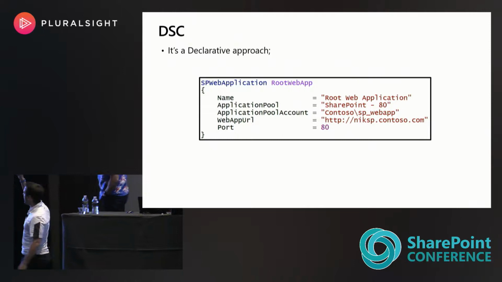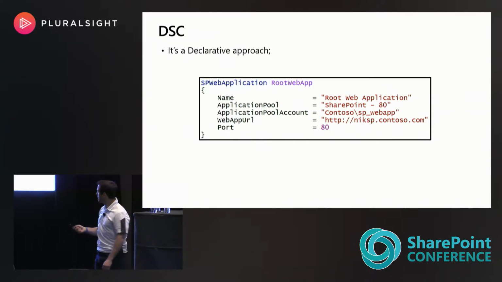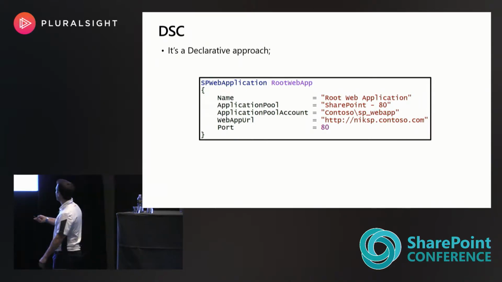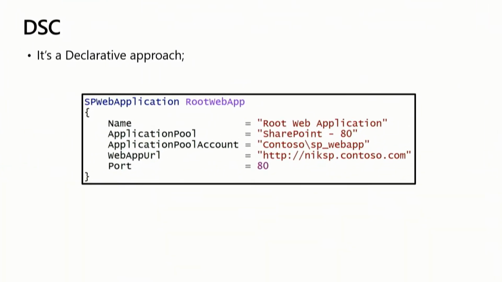This here is a piece of desired state configuration code. Right? So it is somewhat human readable. What we have here is a code block that says, I want to define a new web application. Here's the name, here's the app pool, the URL, and the port. So this is what I want.